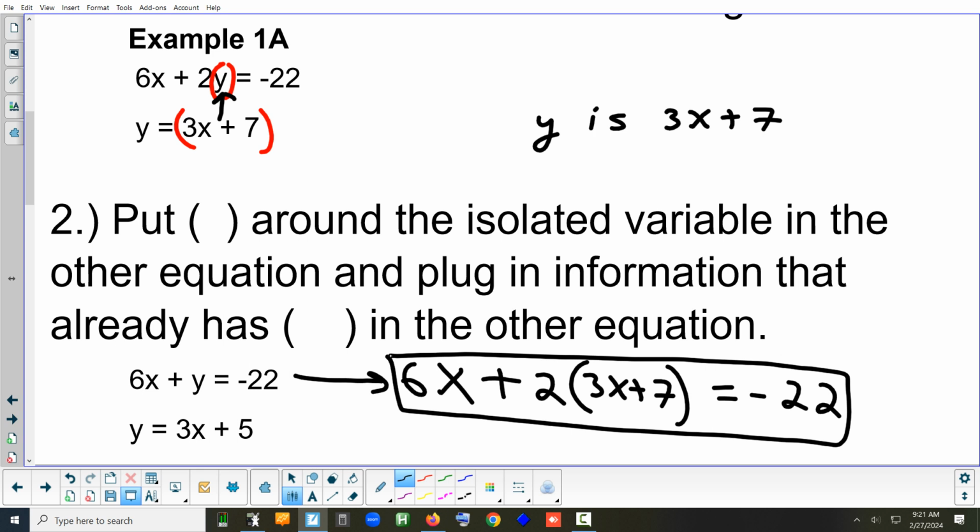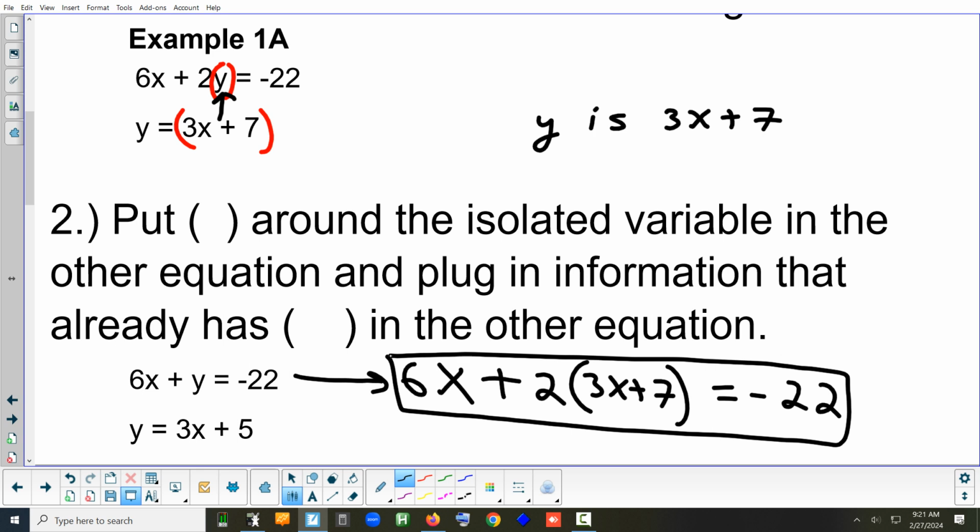X. Just x. That's the whole goal with substitution. You started with an equation that had 2 different letters in it, x and y. Now you have an equation that only has 1 different letter. That's easier for us to solve. We can't solve it if it has 2 letters that are different. They have to be 2 letters that are the same. That's how we have to solve it.